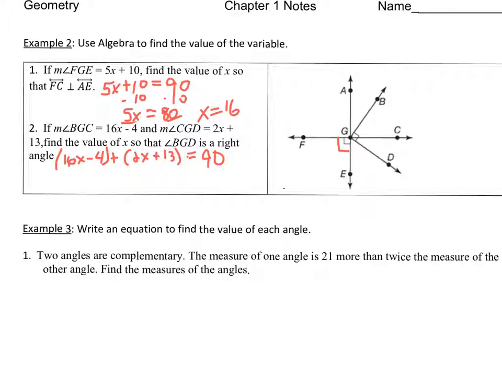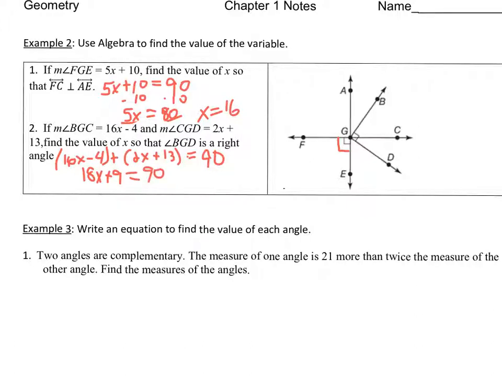So again, I'm going to solve for x. I'm going to combine like terms first, and then I would have 18x when I add 16x and 2x together. And then if I subtract 4 from 13, well, that's going to be 9. So that's all still equal to 90.